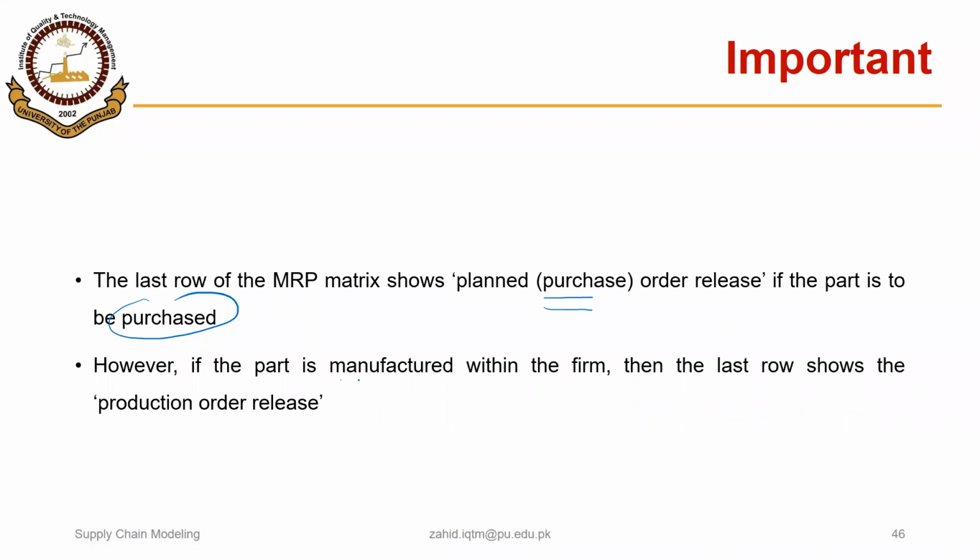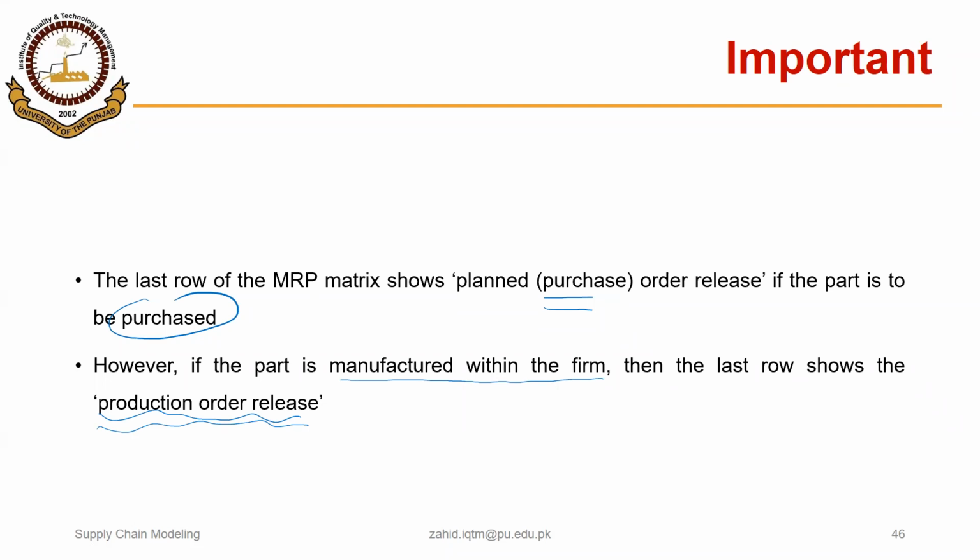And if the part is to be manufactured within the firm, then the last row shows the production order release. So these are the two outputs of the MRP.